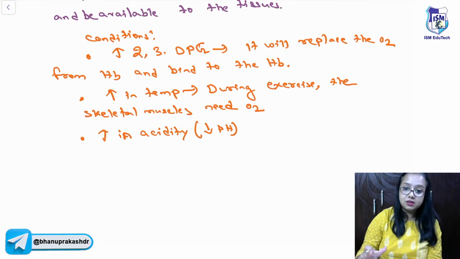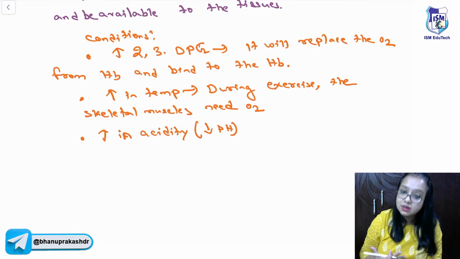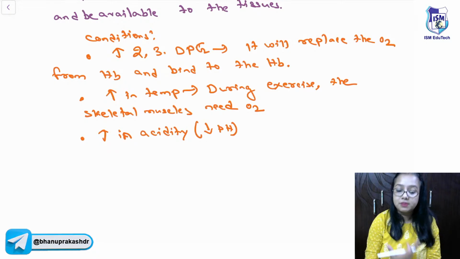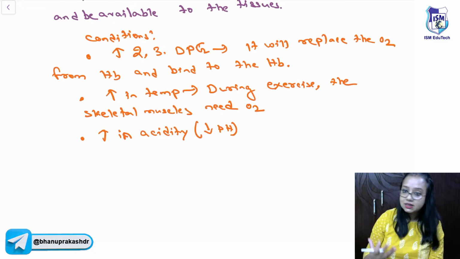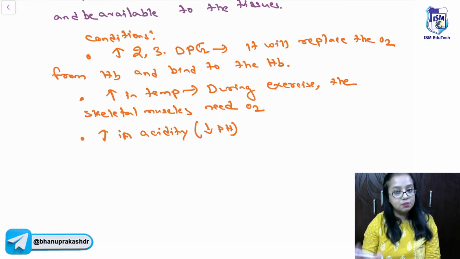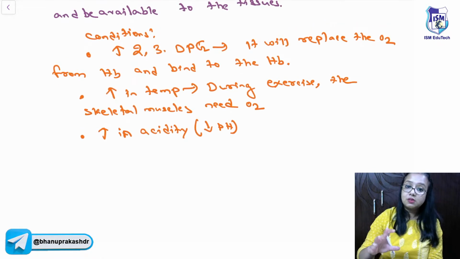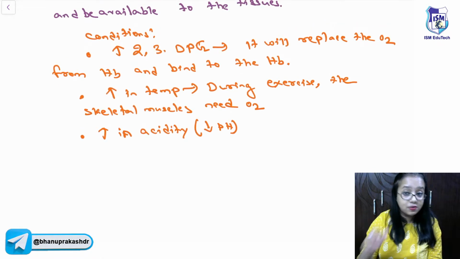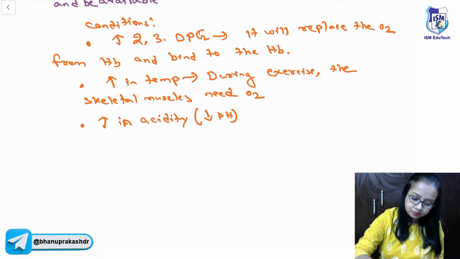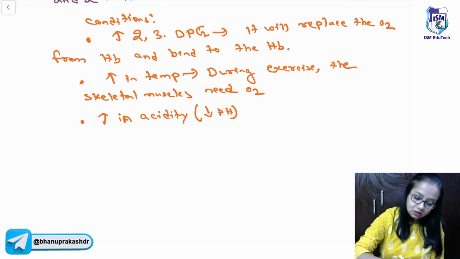So whenever there is any acid buildup in the body, may it be due to diabetes, may it be due to any other reason, whenever there is any increase in the acidity, that is the pH will go low, then also there will be oxygen unloading from the hemoglobin. These are the factors that will lead to the oxygen going to the tissue, which is the effect of the Bohr's effect.